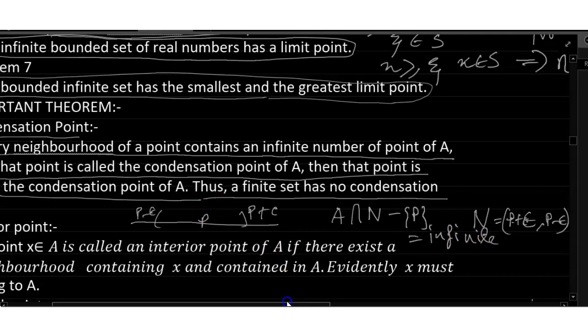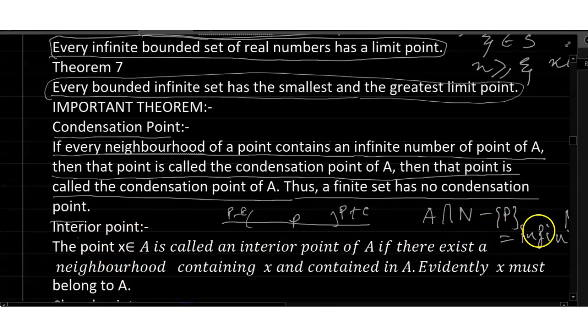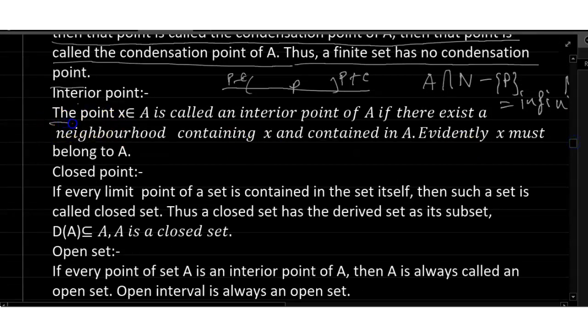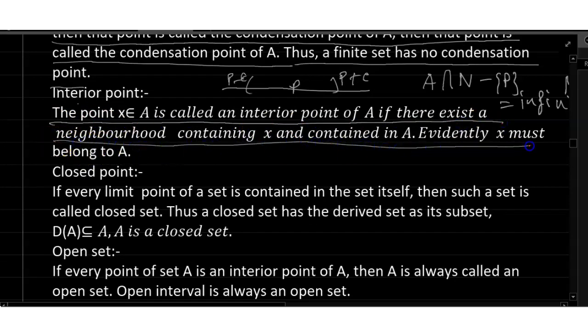Then the point is a condensation point. Interior point: the point x belonging to A is called an interior point if there exists a neighborhood containing x and contained in A. Evidently, x must belong to A. Suppose this is a set A, this is the point x, and this is the neighborhood n.